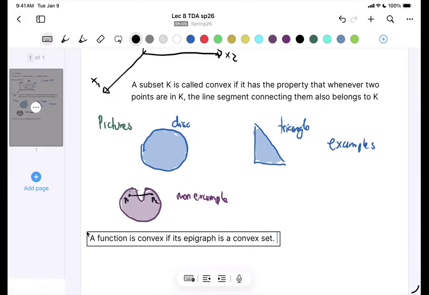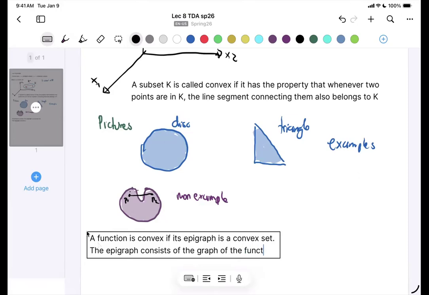So the epigraph consists of the graph of the function together with the points above it.